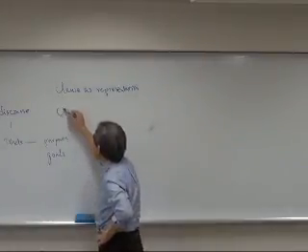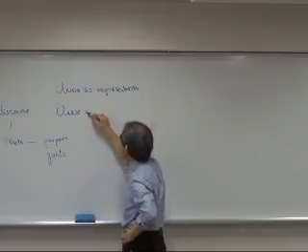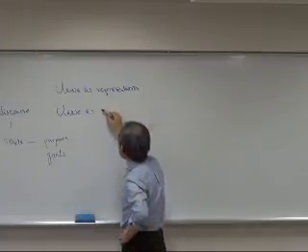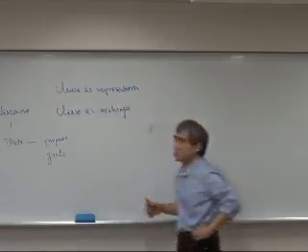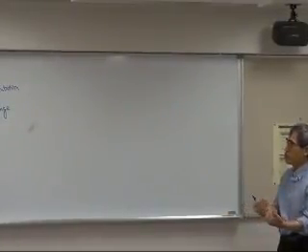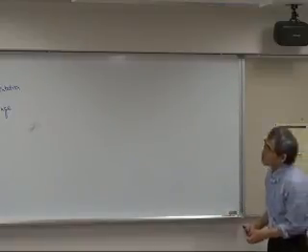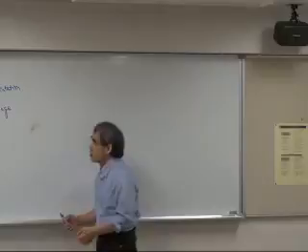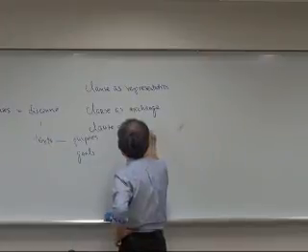From that perspective, we would use the phrase clause as exchange. You give some information, but you also demand some information from other people, right? So that's our second perspective. Our third perspective is clause as message.